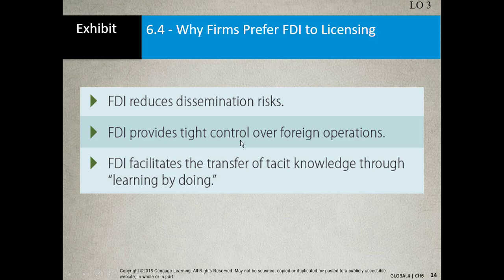FDI provides tight control over foreign operations. There's an example here from your author that I really like about Starbucks. Starbucks entered South Korea by licensing its format to ESCO. Although ESCO soon opened 10 stores, Starbucks felt that ESCO was not aggressive enough in growing the chain. But without foreign direct investment, there was little Starbucks could do.